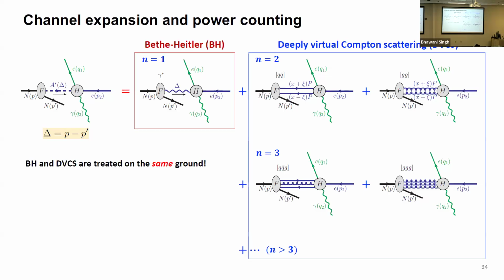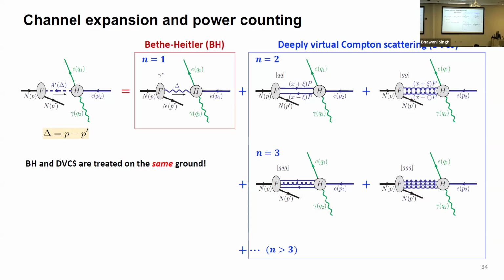And now, to connect to the literature, the first, single-photon exchange process is normally referred to as the Bethe-Heitler process. This has nothing to do with GPDs. The other ones are collectively called deeply virtual Compton scattering, or DVCS. I will tell you why we named it this in a moment.